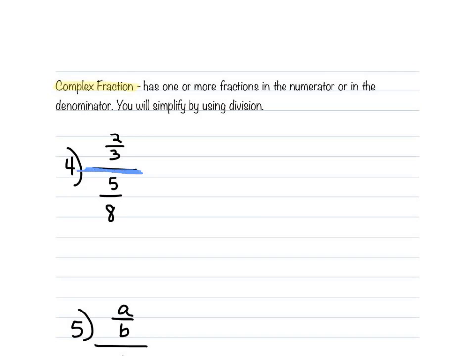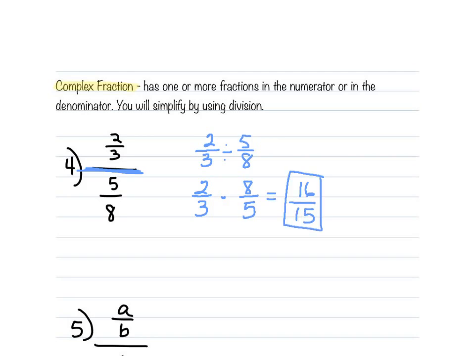So when I write this problem down, I'll do 2/3 divided by 5/8, and I recall that to divide fractions I multiply by the reciprocal, so it's really 2/3 times 8 over 5, and so I have 16 over 15, and I can keep the improper fraction just like that.